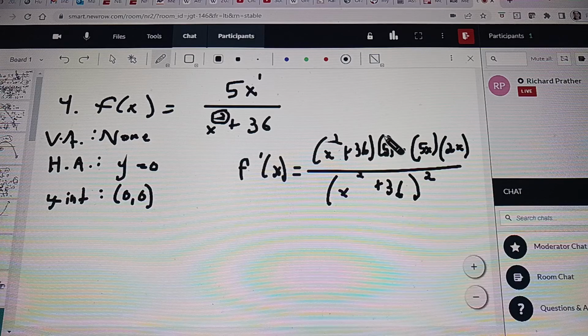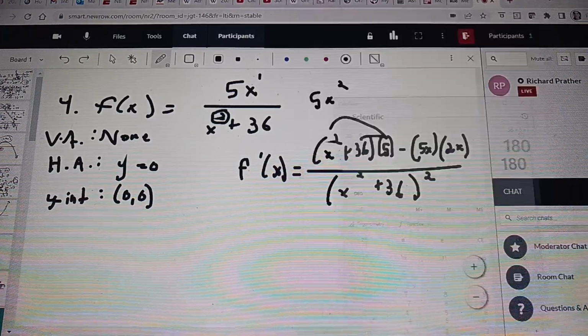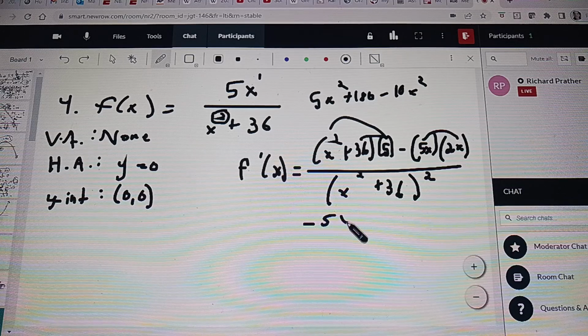So I can distribute this and get 5x squared plus whatever 36 times 5 is, 180. And then this is just minus 10x squared. So the numerator is negative 5x squared plus 180.